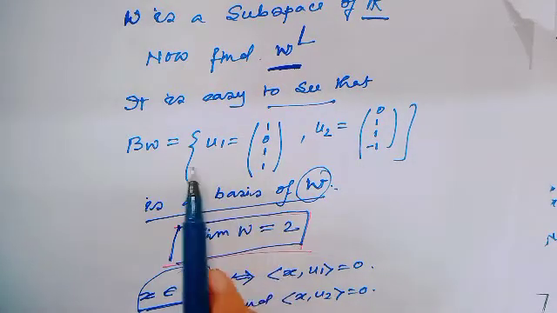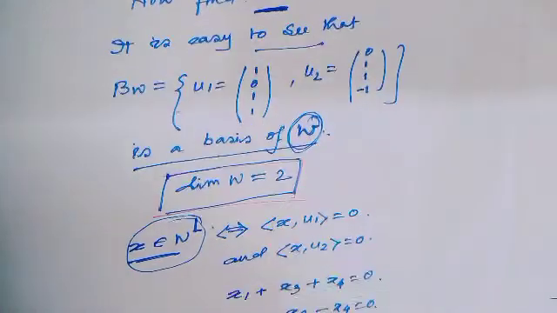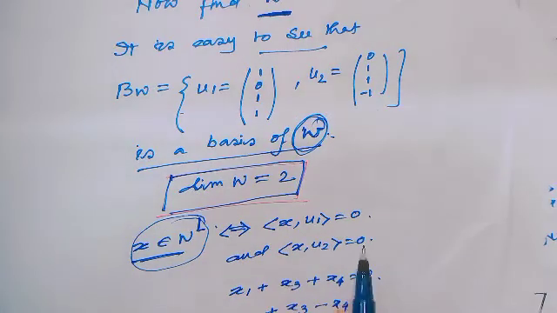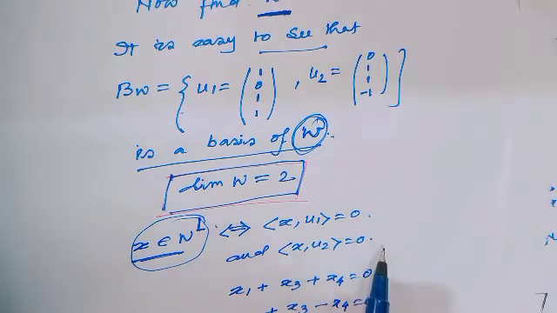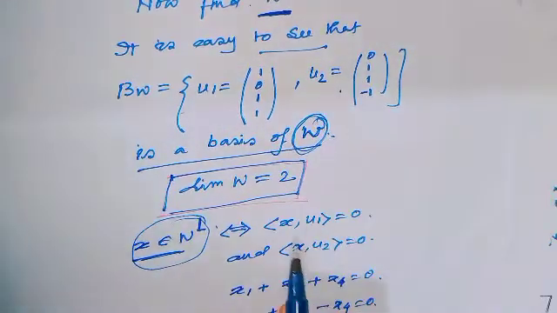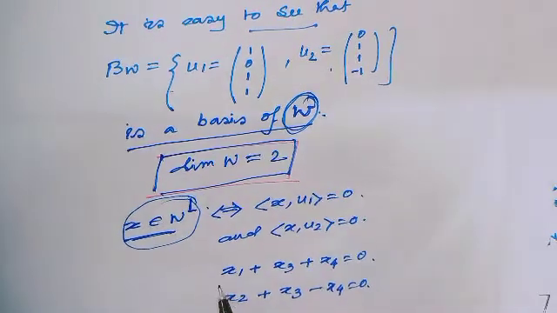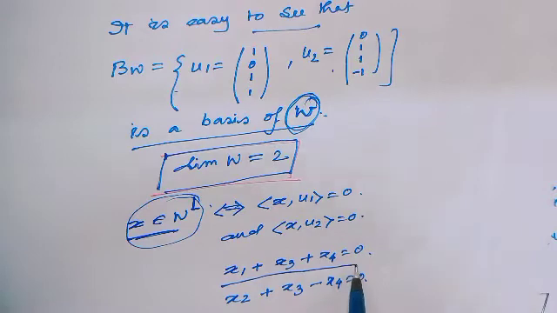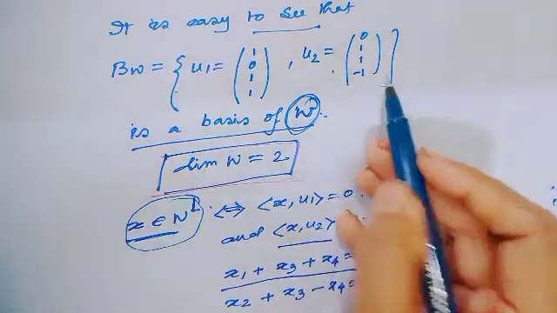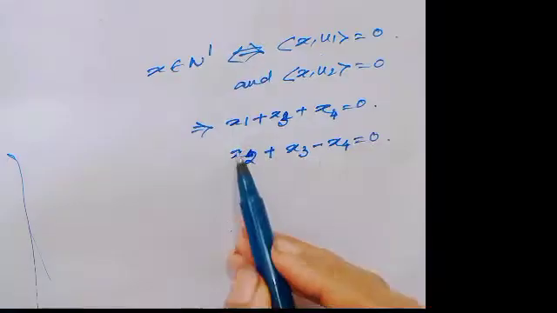Since u1 and u2 are the basis vectors of W, the inner product of x with u1 and the inner product of x with u2 both equal 0. Notice this is u1 and this is u2. Therefore, the inner product of x with u1 gives x1 plus x3 plus x4 equals 0, and the inner product of x with u2 equal to 0 gives x2 plus x3 minus x4 equals 0. Here we have two equations.